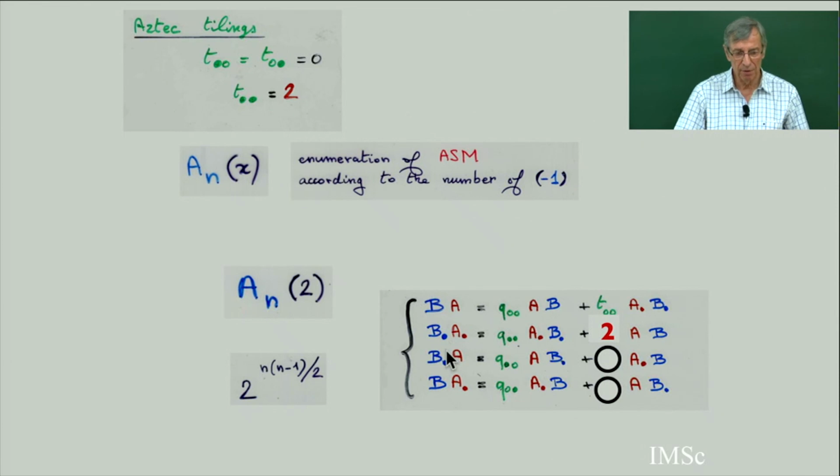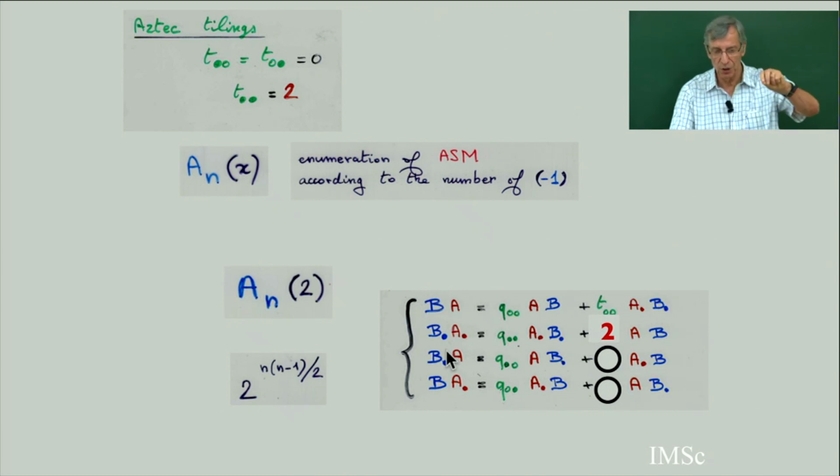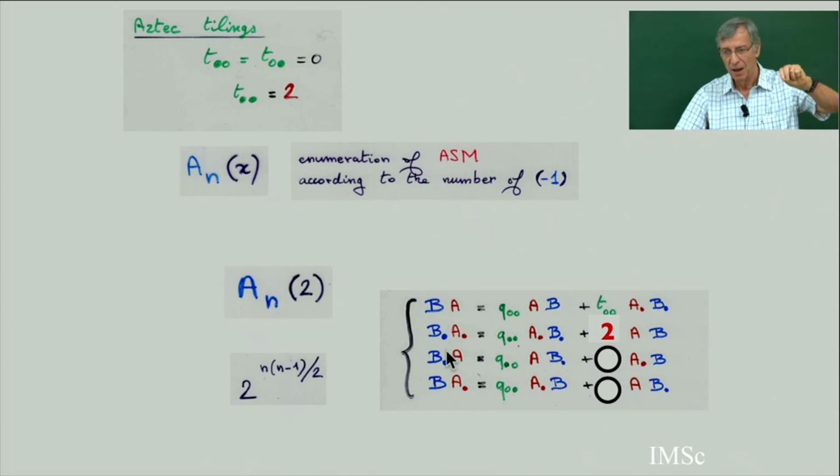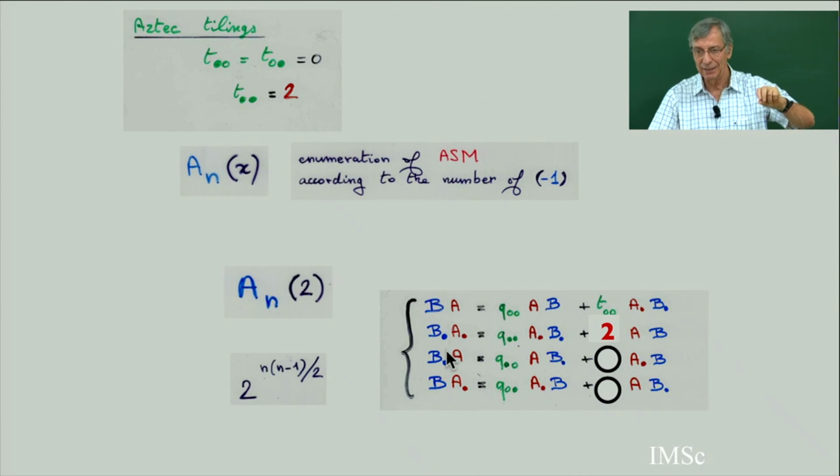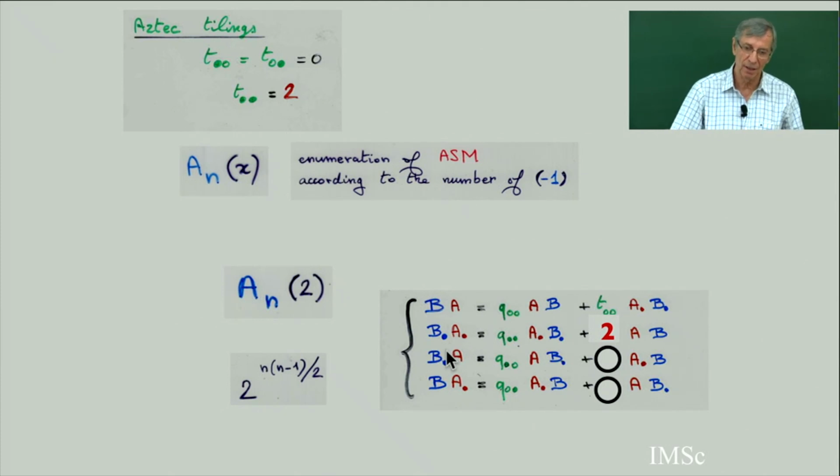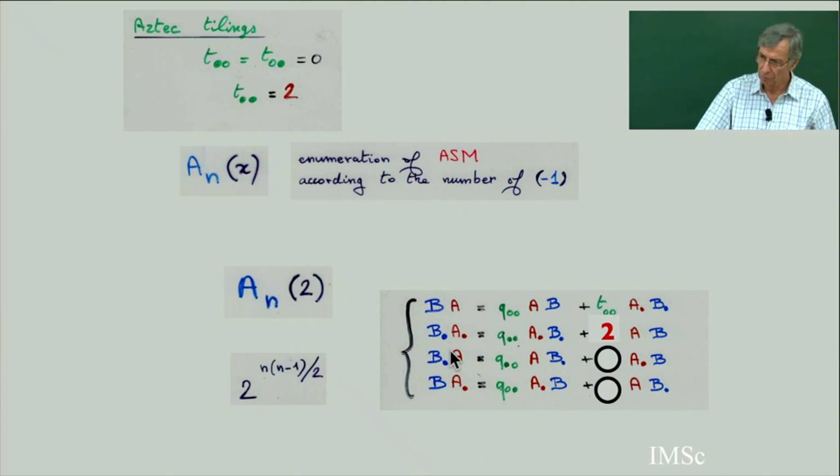No, the total number of -1. Yes, A_n(x) is a polynomial. The coefficient of x to the power i is the number of alternating sign matrices of size n having i -1. The total number of -1 is i.